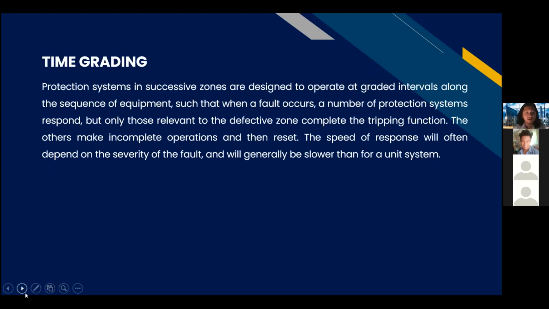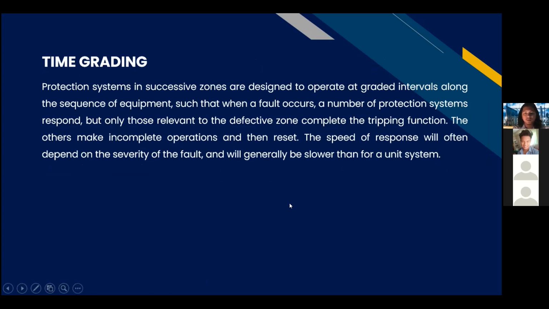Next, protection systems in successive zones are designed to operate at graded intervals along the sequence of equipment, such that when a fault occurs, a number of protection systems respond, but only those relevant to the defective zone complete the tripping function. The others make an incomplete operation and then reset.